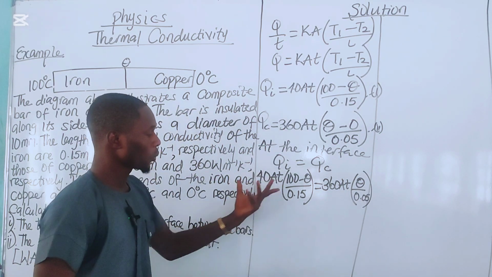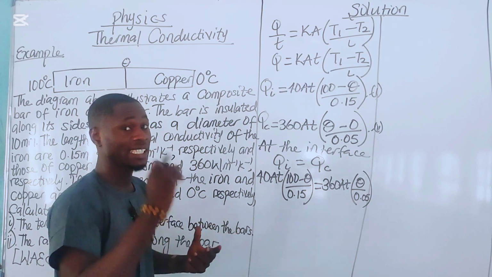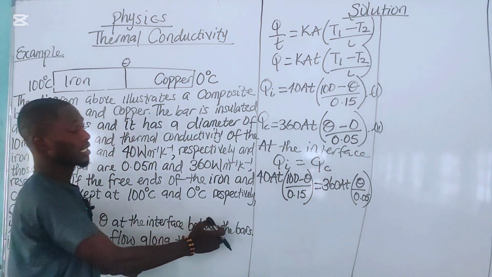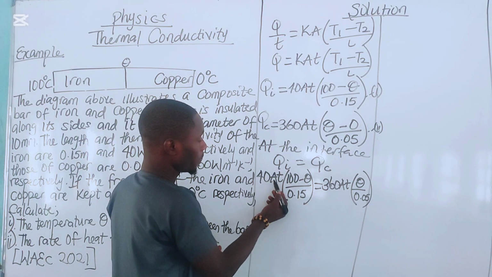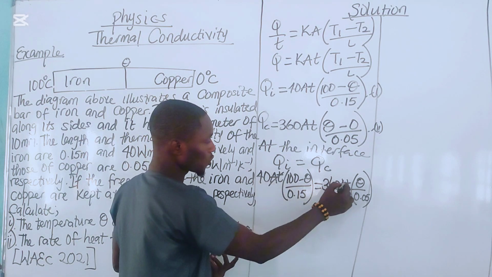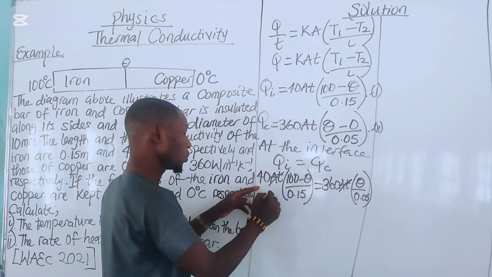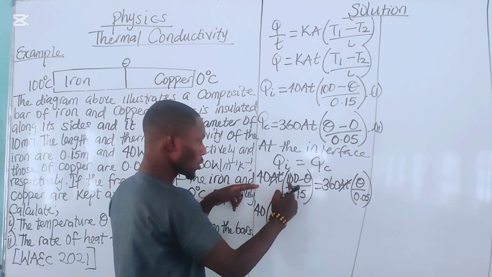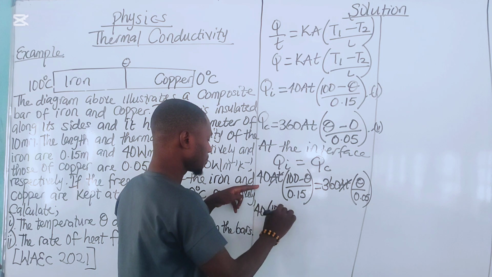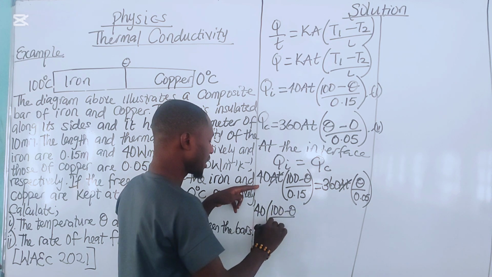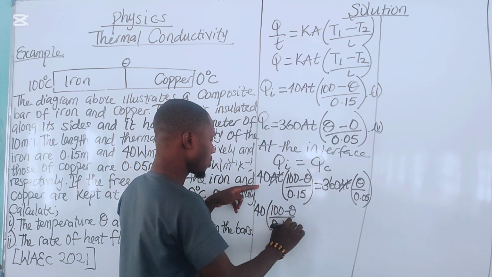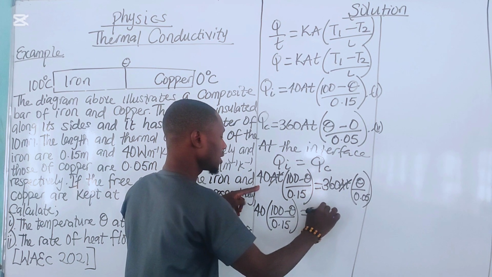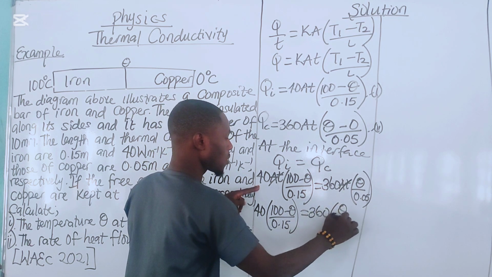We are going to cross multiply in order to find theta, because the question says we should find the temperature theta at the interface. The area AT cancels out, so we are left with 40 into 100 minus theta divided by 0.15, equal to 360 into theta over 0.05.